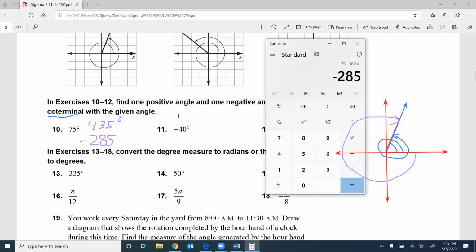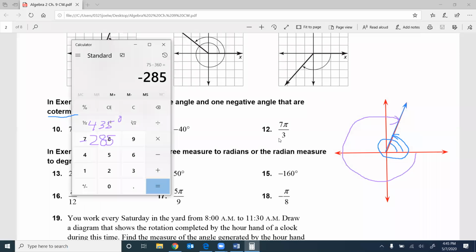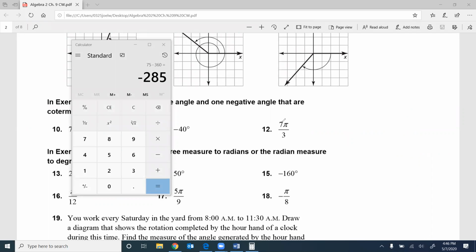Okay, do the same thing with number 11. Number 12 looks a little different. That's because instead of adding and subtracting 360, we now need to think, well, 360 is the same thing as 2 pi. So I'm going to clear this out. Okay, we also just saw 7 divided by 3. 3 goes in there more than 2 times.